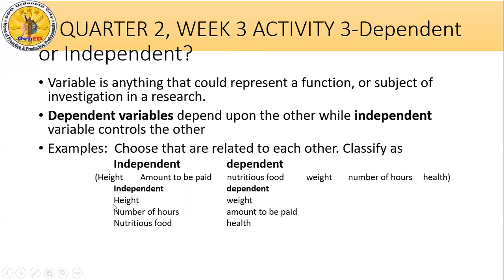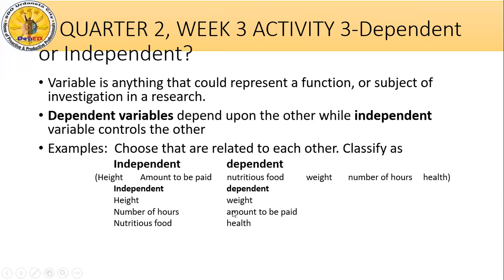So I chose here height and weight. They are related to each other because weight depends upon the height. So height is an independent and weight is a dependent variable. Example number 2, amount to be paid depends upon the number of hours used.